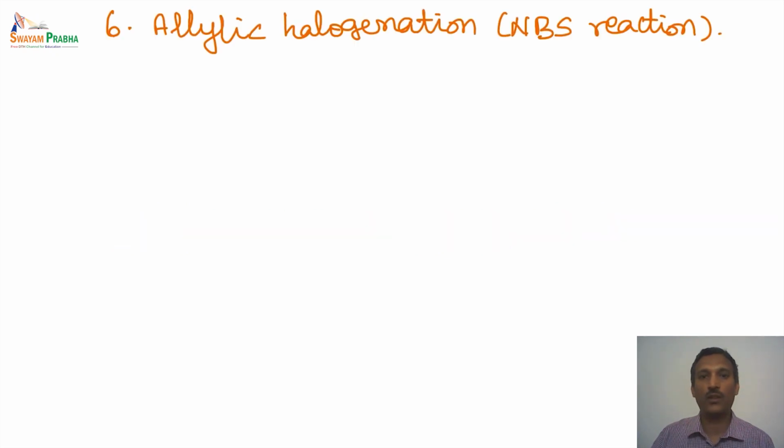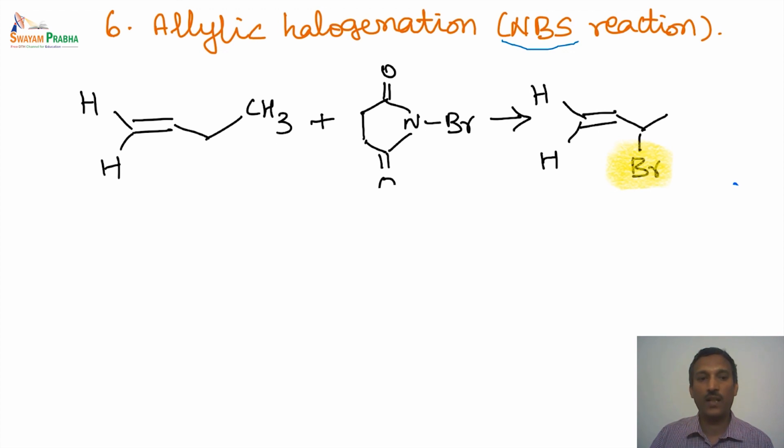Let us look at the simple example of bromination itself here. So this is the allylic halogenation. Basically, allylic bromination is a reaction which we are going to look at right now. In this case, an alkene reacts with N-bromosuccinimide to give the corresponding bromo derivative, but the bromination does not take place across the double bond; it happens at the allylic position.